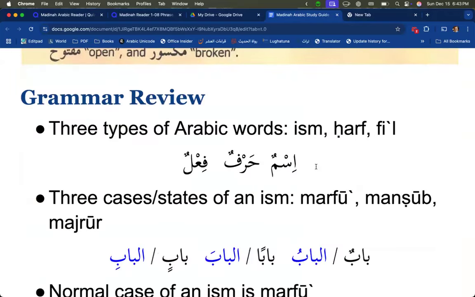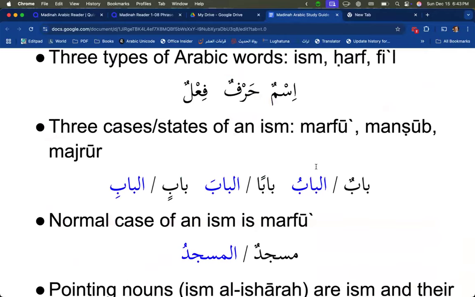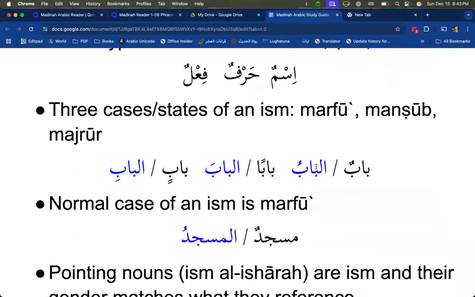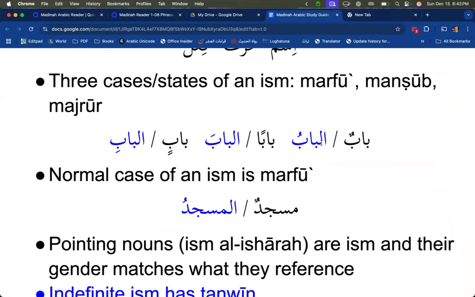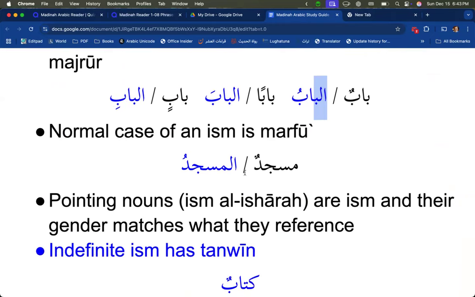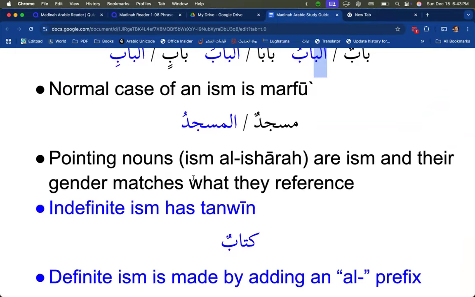Okay, that was lesson 3. In lesson 3, we learned how al works. Babun becomes al-babu. Baban becomes al-baba. Babin becomes al-babi. Masjidun becomes al-masjidu.